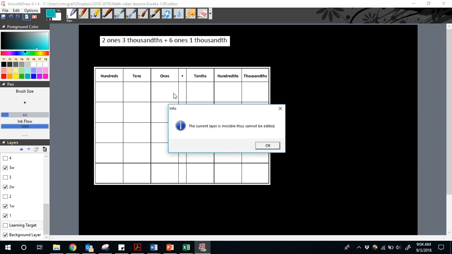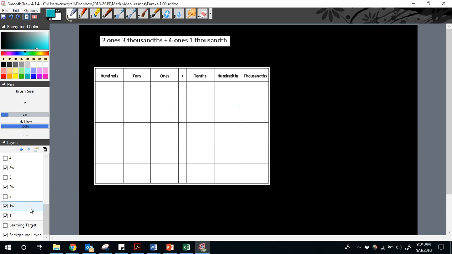So I have 2 ones and 3 thousandths. And I'm going to add that with 6 ones. So I'm going to move down 1, and I'm going to put 6 ones here. And 1 thousandth. And I can just draw a line, and I can add them up.